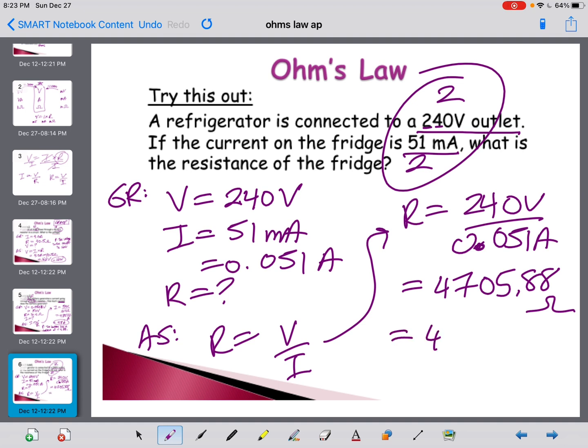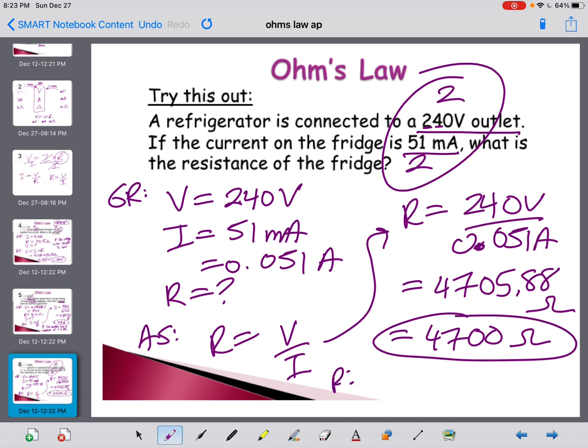So to get this to 2 significant digits, we would have to round 4,705.88 to 4,700. And then, of course, the fridge has a resistance of 4700 ohms. There you go. So that's Ohm's law.